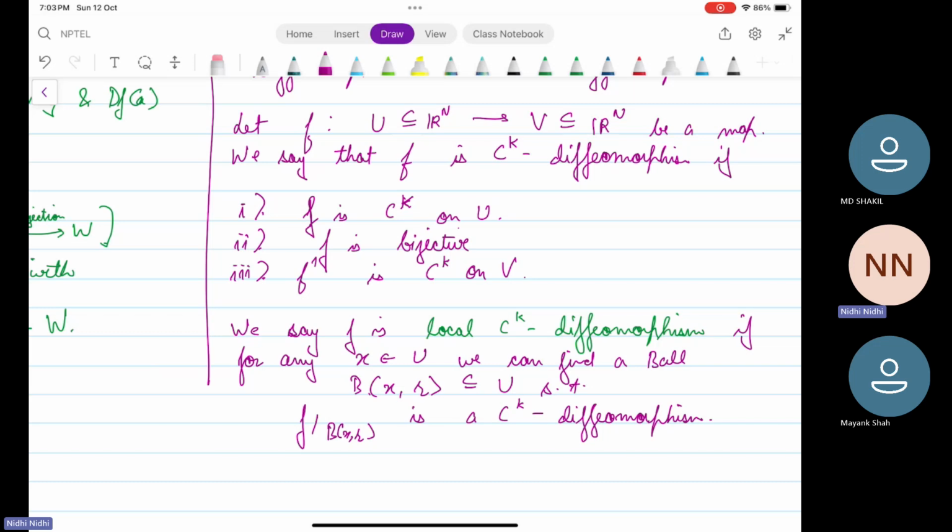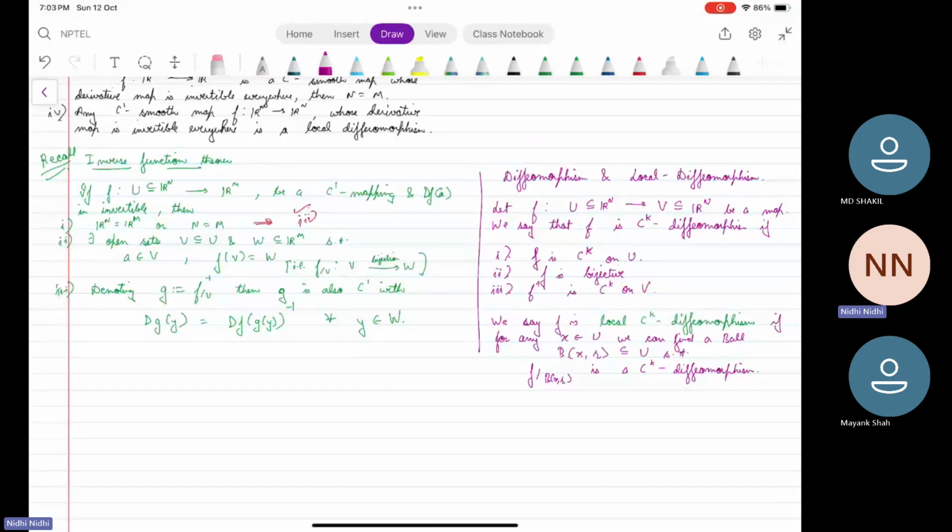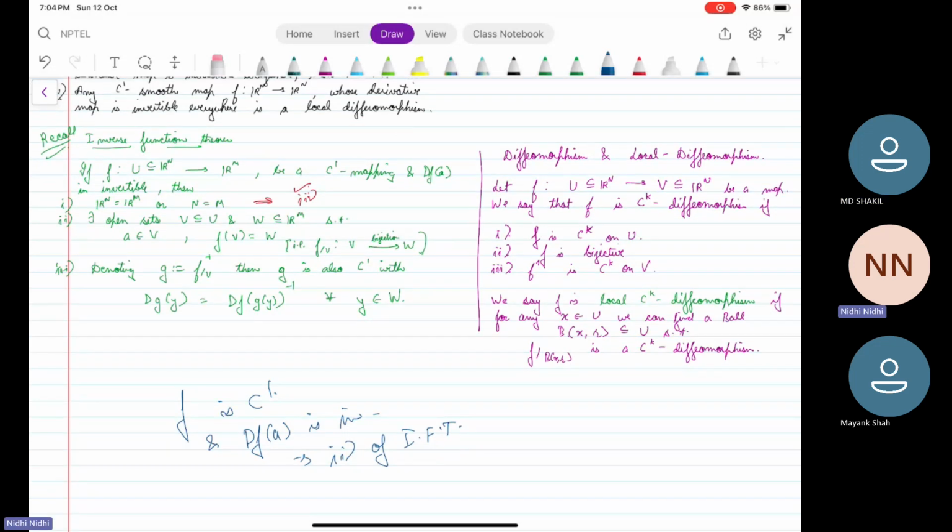Now, if we combine these two, we can see that if f is a C1 smooth map and its derivative df at a is invertible, then by the second point of the inverse function theorem, we'll get the local diffeomorphism.